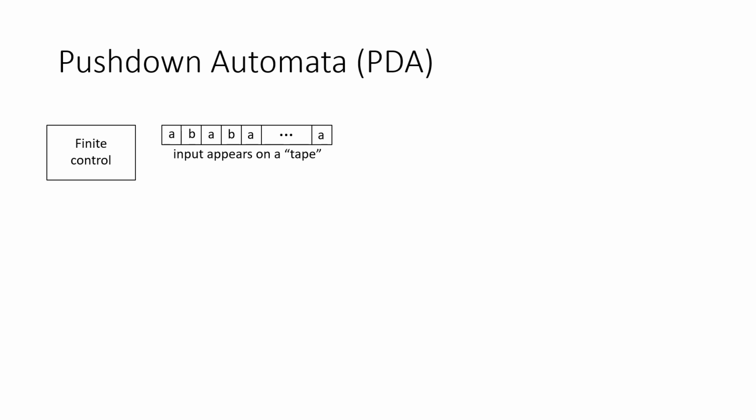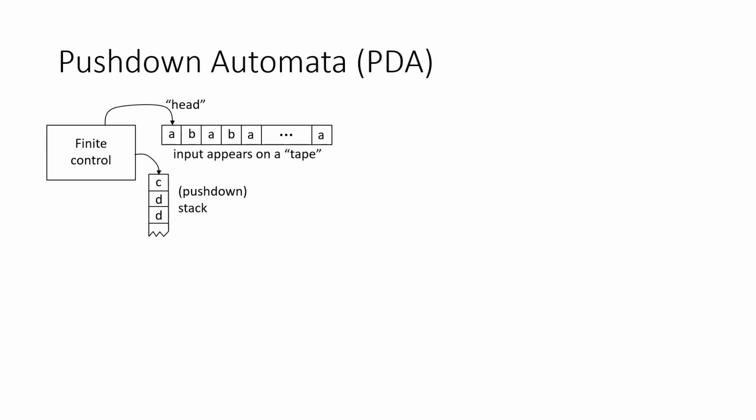I'm going to call that a tape. And as we've seen before, the finite control is going to read in each element of that tape and have it go through the states accordingly. So we've seen all that before. The thing that is new is a stack.